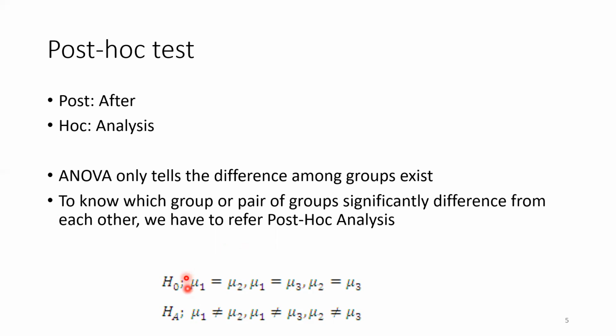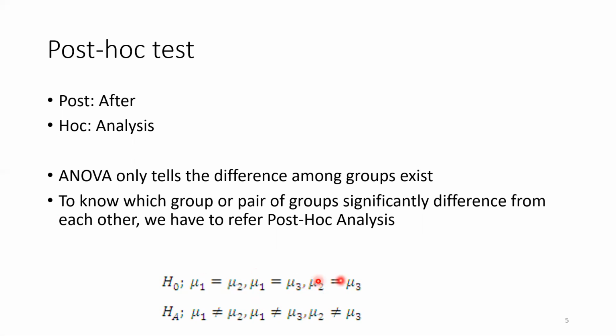For example, if we have three groups, post-hoc analysis runs a null hypothesis for each pair of groups. Group 1 will be compared with group 2, group 1 with group 3, and group 2 with group 3.